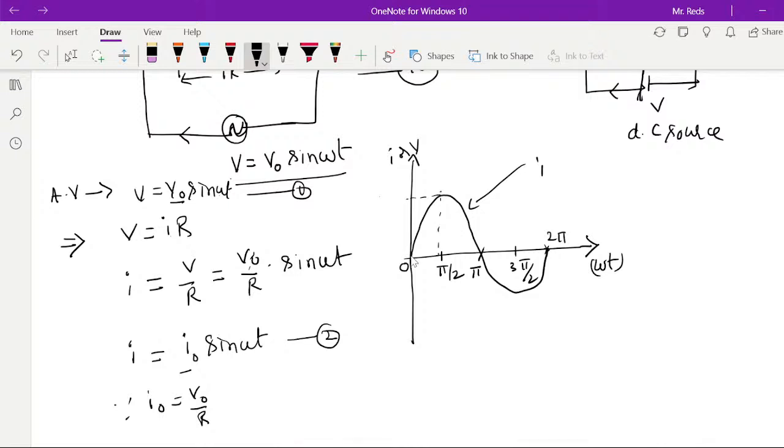Then V, the alternating voltage, can be represented with a wave whose peak value will be more than I naught. This is I naught, this will be V naught. Similarly, this is a negative peak, minus I naught, so we get negative V naught here. It can be represented like this, right? This we have already discussed, you can recollect it.